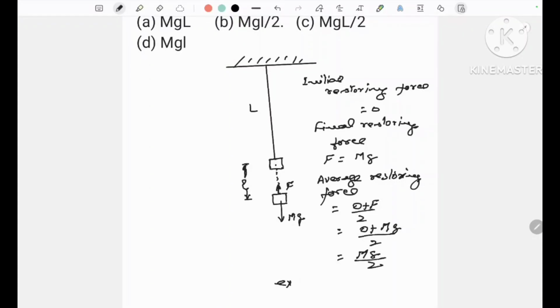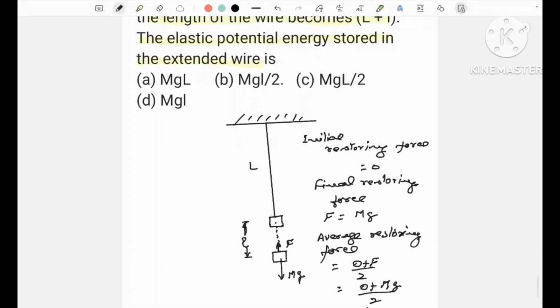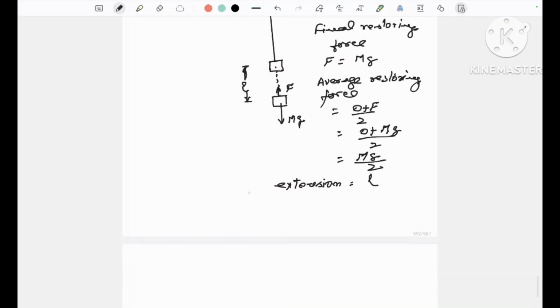Extension is small l. So work done against restoring force will be stored as potential energy.